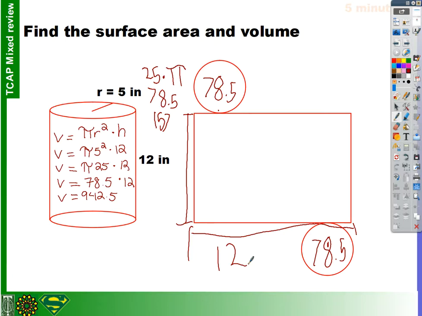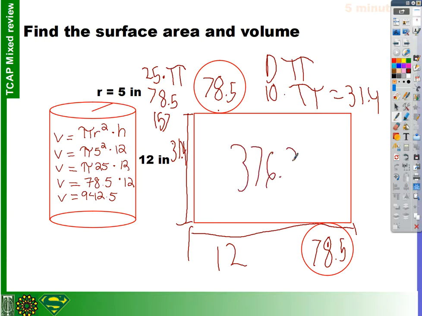The equation for that is diameter times pi, and the diameter is 10, because 5 times 2, times pi is 31.4. So we get this length as 31.4, and then 31.4 times 12 is equal to 376.8.